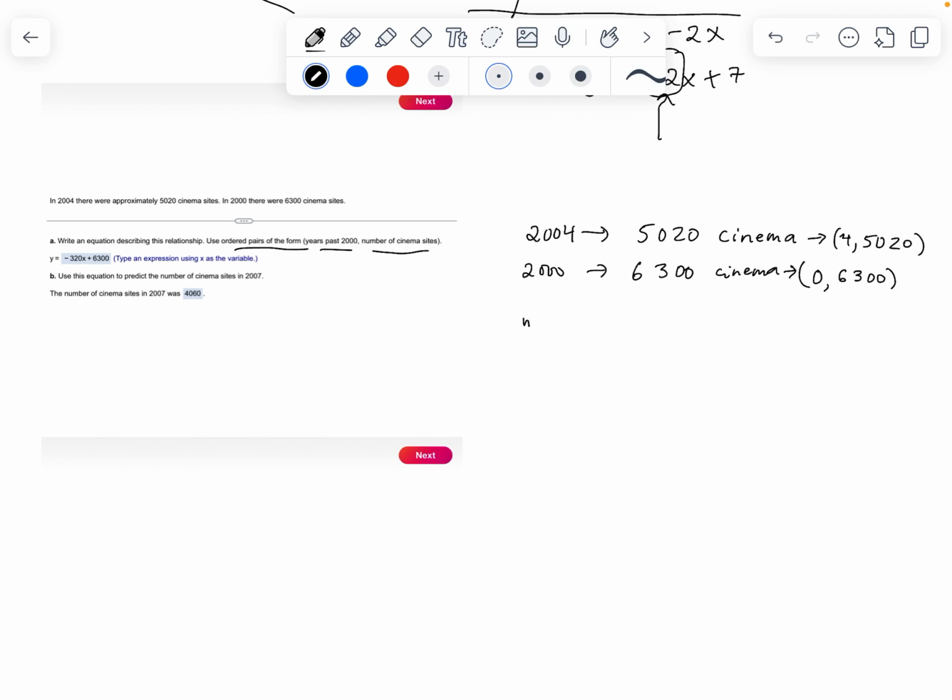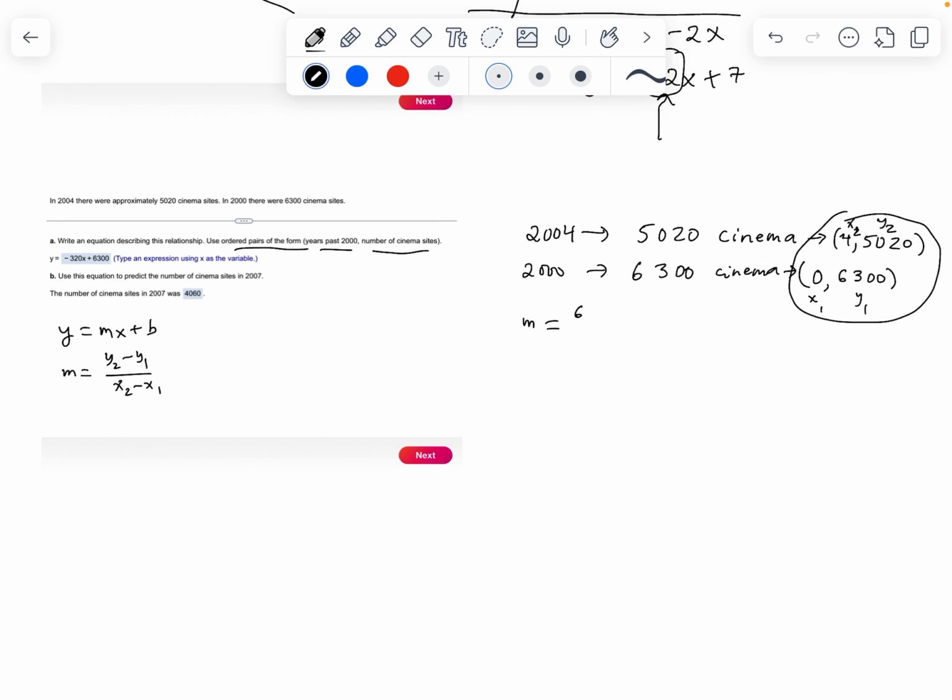From there, we want to find the slope, because for us to write the equation, it is y equals mx plus b. To find the slope, it's y2 minus y1 over x2 minus x1. We have these 2 points here. This could be used as x1, y1, and this one x2, y2.